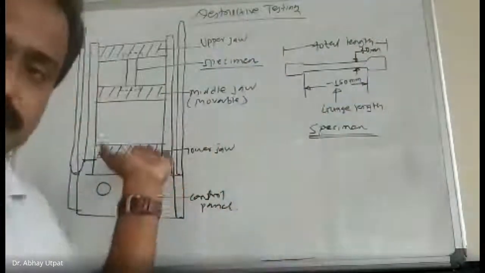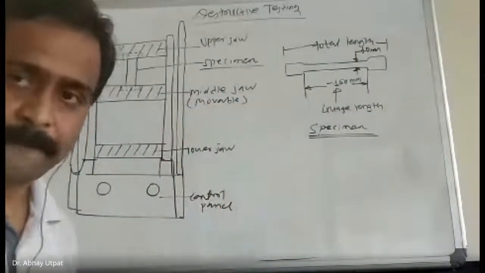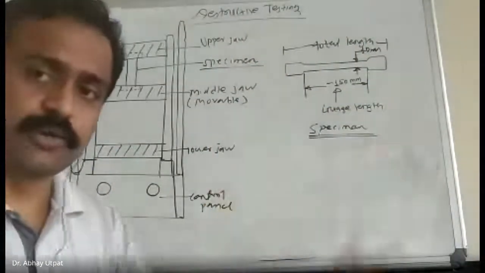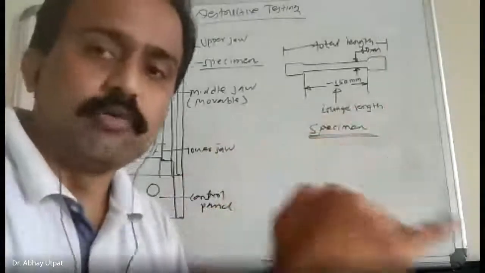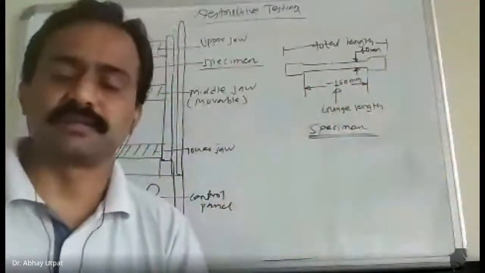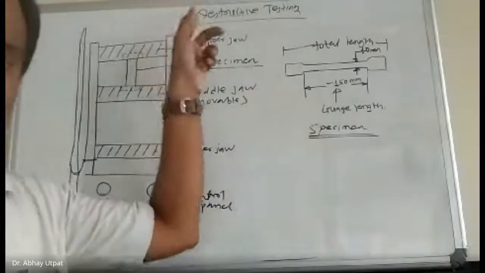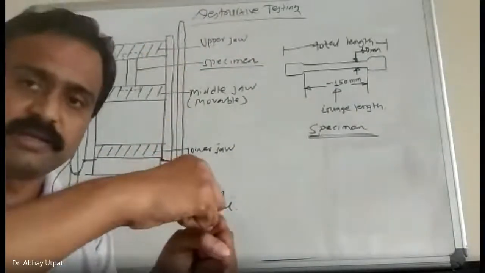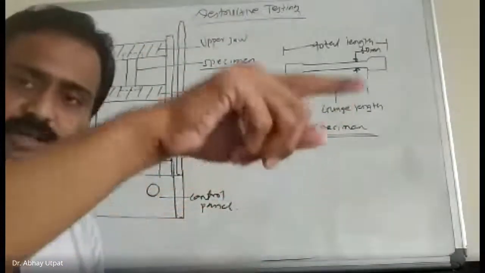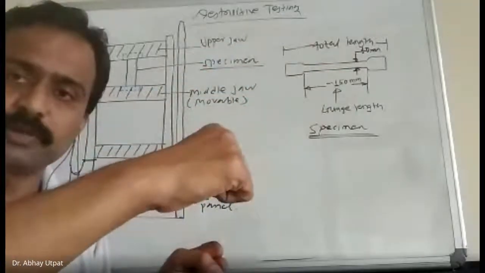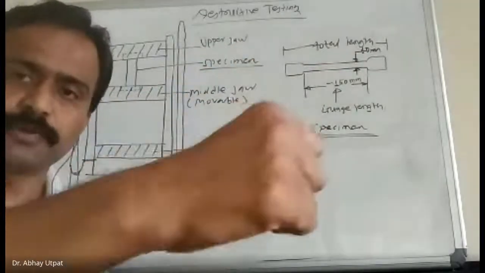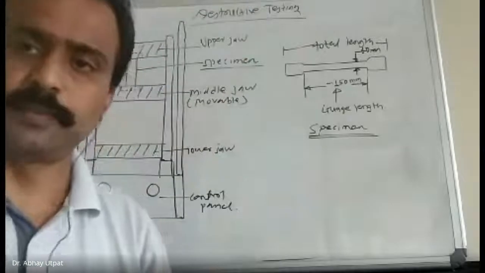Same way this mechanism is lifted hydraulically. And it is connected to computer. It will measure how much load, how much elongation. So connections are provided to the computer so that as it is elongating, automatically it is showing the 1 mm elongation, 2 mm, 1.5, 1.6, 1.7, whatever it may be.